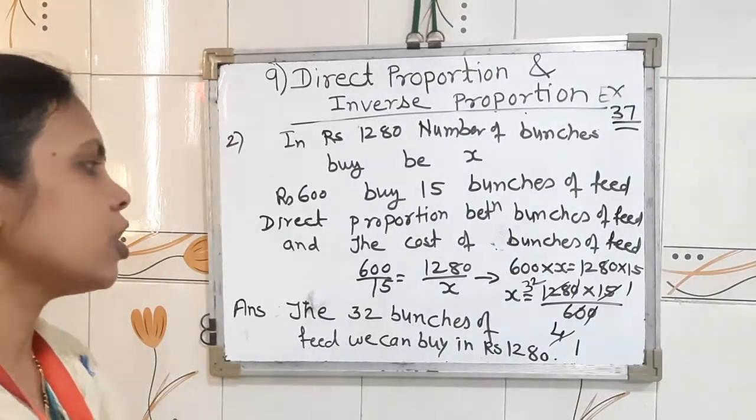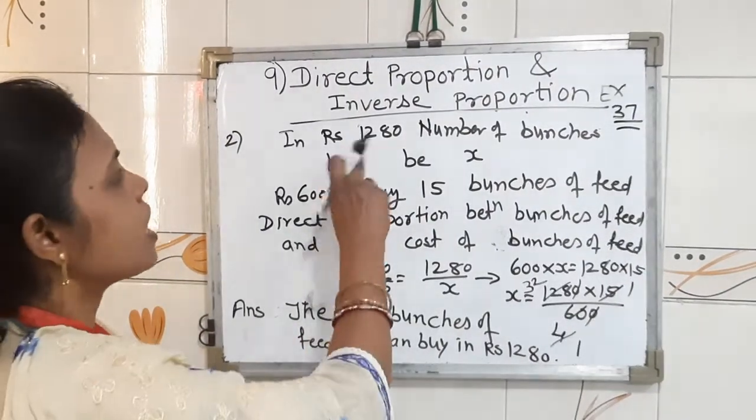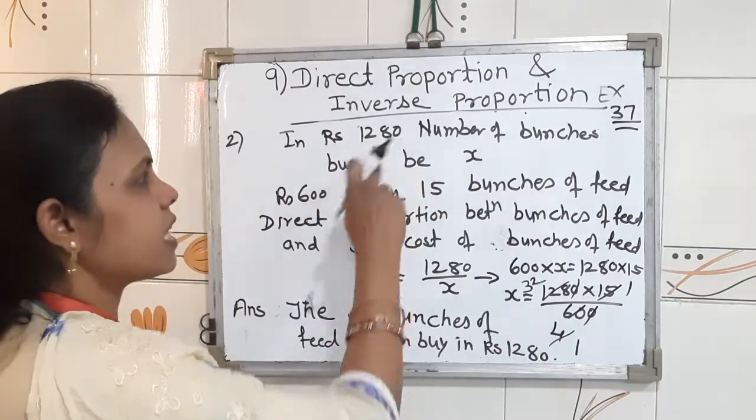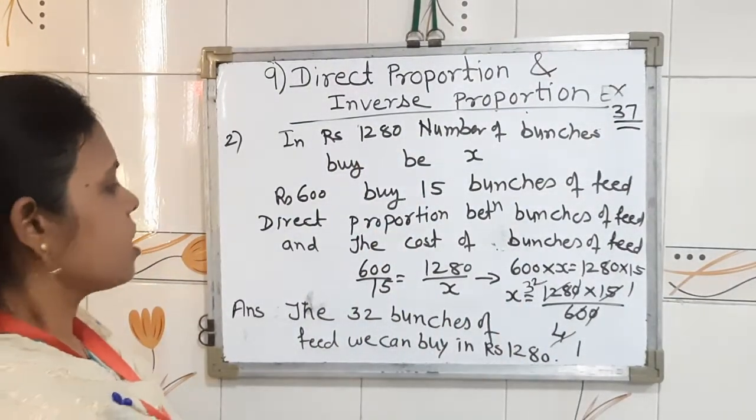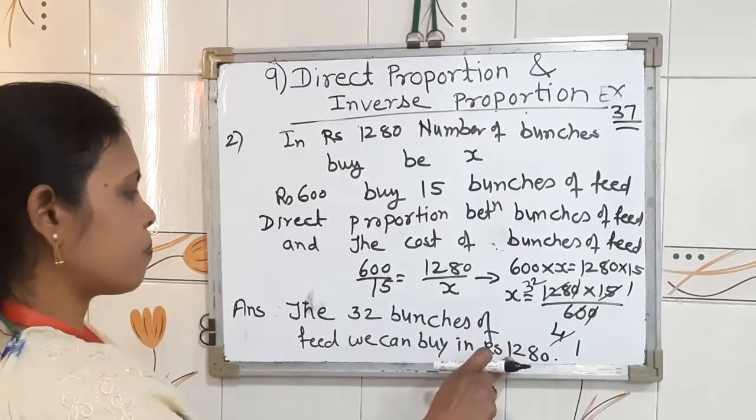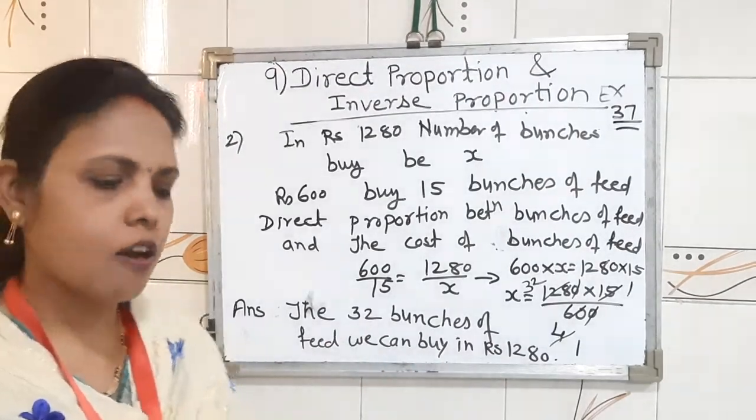I hope you all understood. It was asking, in rupees 1280, how many bunches of feed we can buy or purchase. Then in this much money we can purchase 32 bunches of feed.